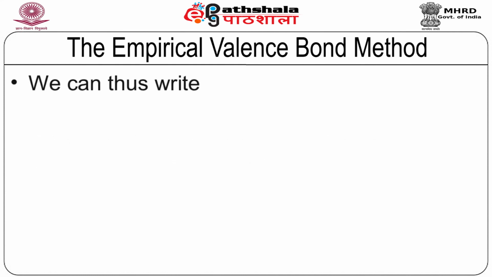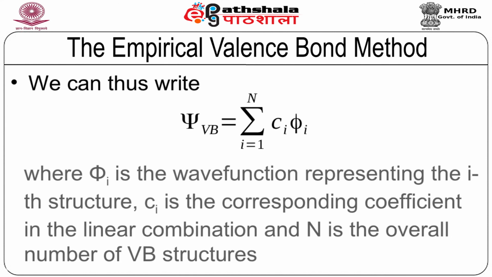We can thus write psi VB equals sum over i equals 1 to capital N of Ci phi i, where phi i is the wave function representing the ith valence bond structure and Ci is the corresponding coefficient in the linear combination, and N is the overall number of valence bond structures.